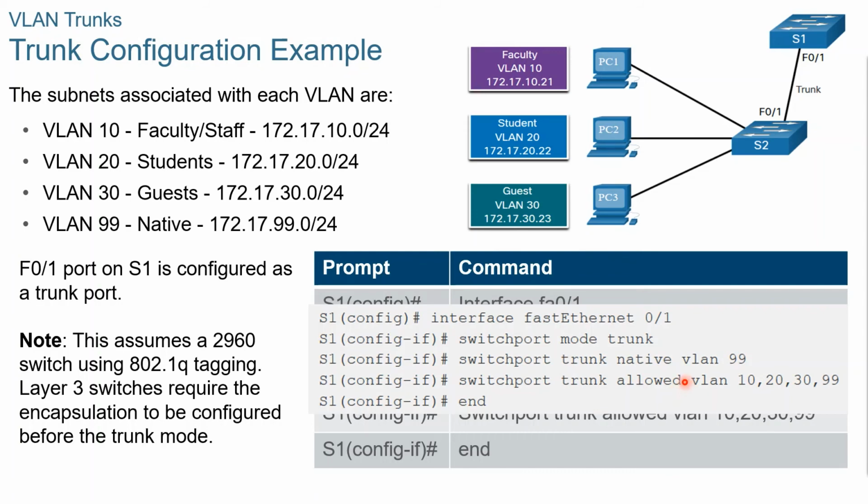If we have configured native VLAN 99 here, then on switch 2 you also need to use VLAN 99 as the native VLAN. If the 802.1Q trunk configuration is not the same on both ends, the Cisco IOS software reports an error. So you're going to have a notification on your screen.